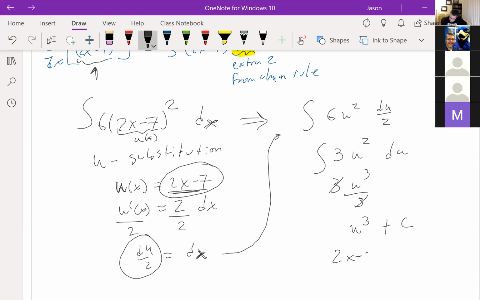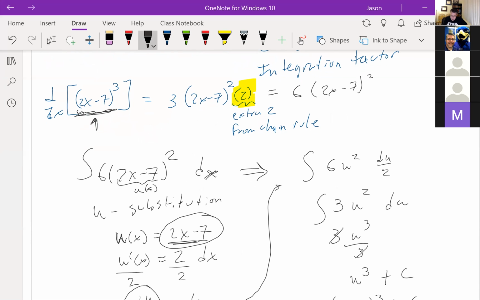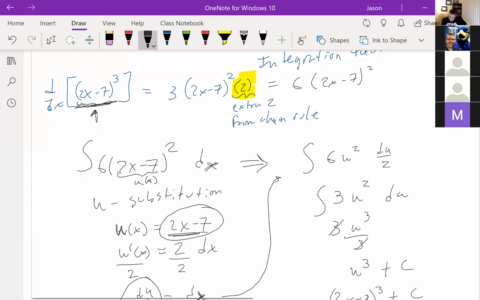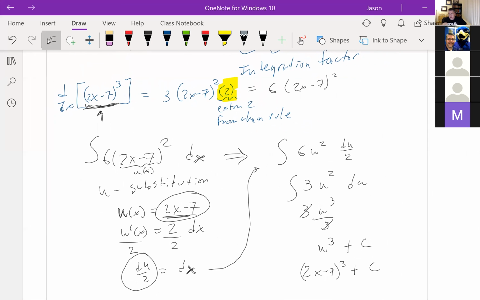So I get (2x minus 7) cubed plus c, and that gives me back my original answer. We don't know what the constant was. In our original, the constant was 0, but we didn't know that. We have to take into account that there could have been a constant that just went away when we took the derivative.